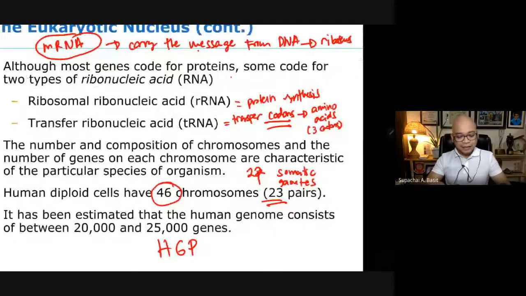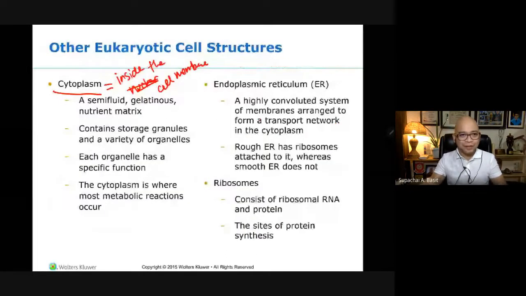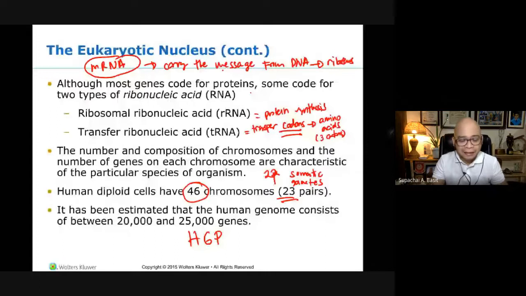As I told you, the number and composition of chromosomes and the number of genes on each chromosome are characteristic of the particular species of organism. So it depends. But in the case of us humans, we have 46 chromosomes, and these 46 chromosomes are made up of 23 pairs. 22 pairs are called somatic chromosomes, while one pair is made up of gametes.